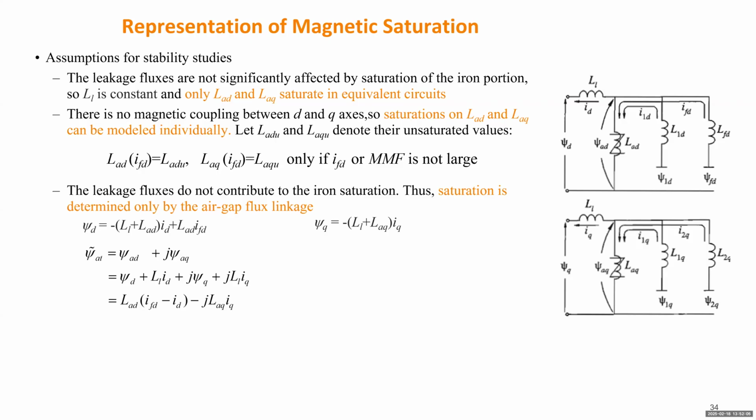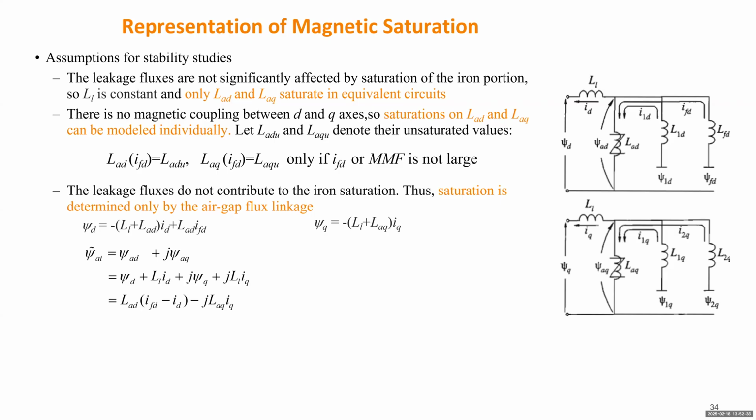So we can assume there's a total magnetic field, which can be characterized by psi AT, which stands for the air gap flux linkage. Tilde means it's actually a phasor. It has both the magnitude and also direction. The direction will depend on the values in the D axis and Q axis. So which one is bigger, how they change the value. So we can make the psi AD to be the real part and psi AQ to be the imaginary part.